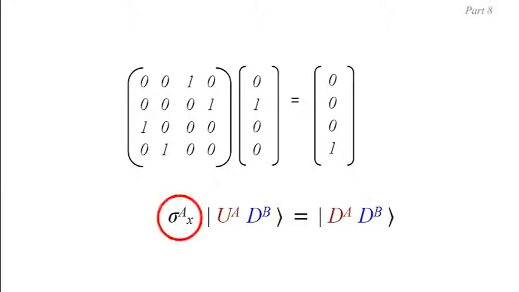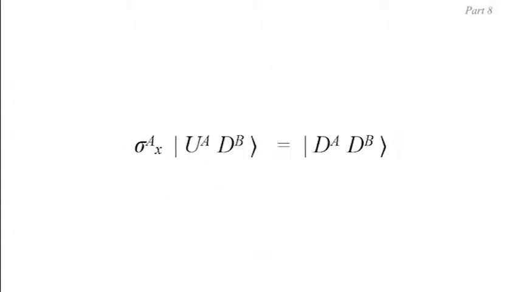The fact that the sigma AX has simply flipped the A electron from up to down and has done nothing to the B electron means that if we want to apply sigma AX to the up-down state, we can simply use this kind of shorthand. Here we're using our old 2x2 spin matrix for X acting on the state up-down, but thinking in terms of it only acting on the A electron.